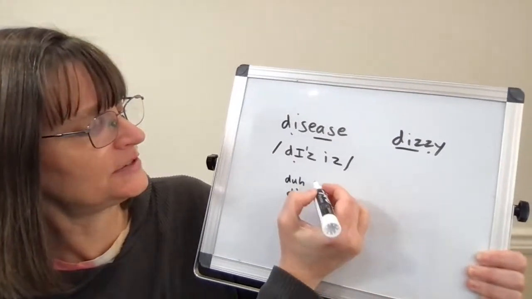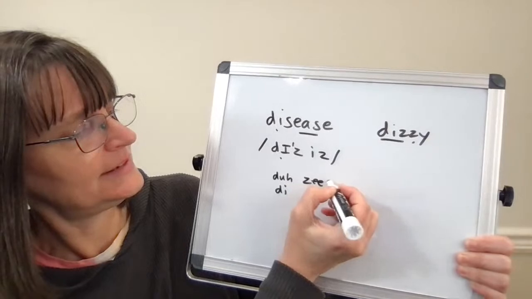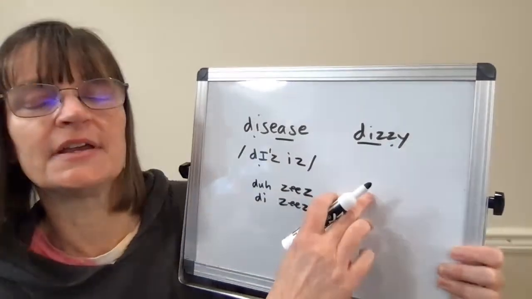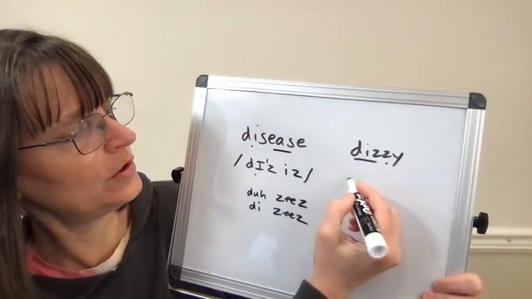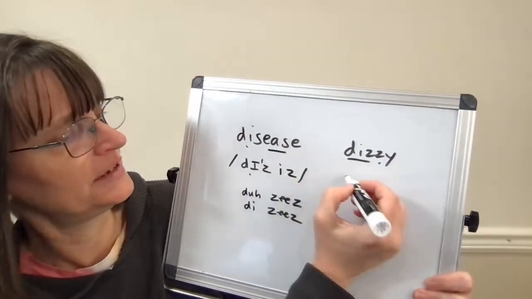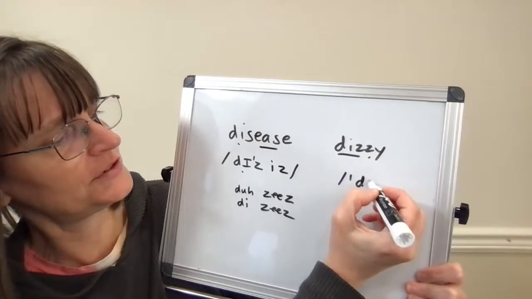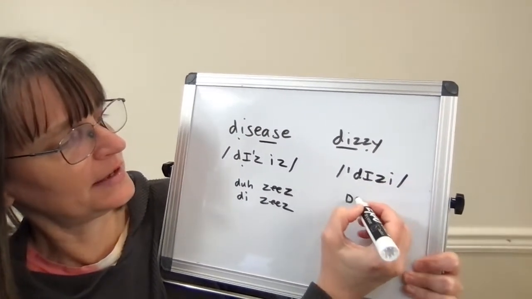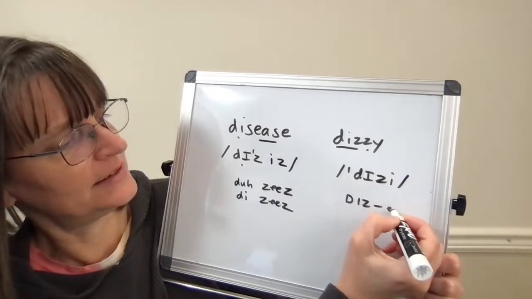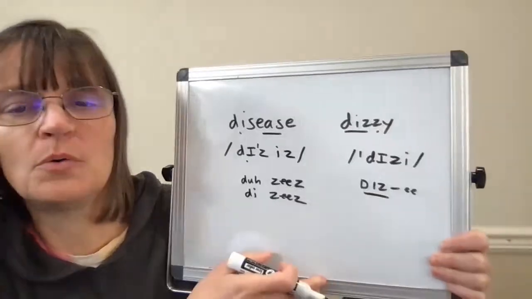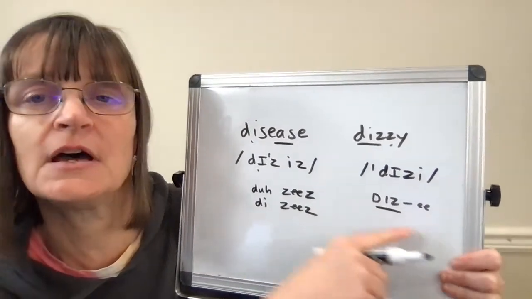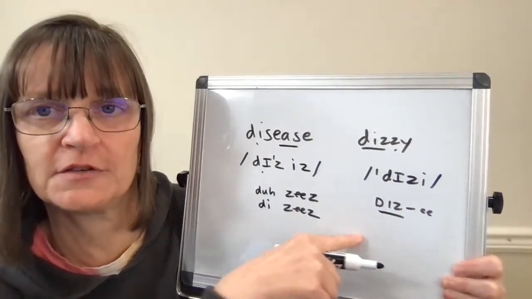So Z's, or disease. Versus dizzy, we have more length on that first diz. So with the first syllable stress, dizzy, it sounds more like diz-y. So same sounds. This one just doesn't have the Z at the end, but the syllable stress is quite different.